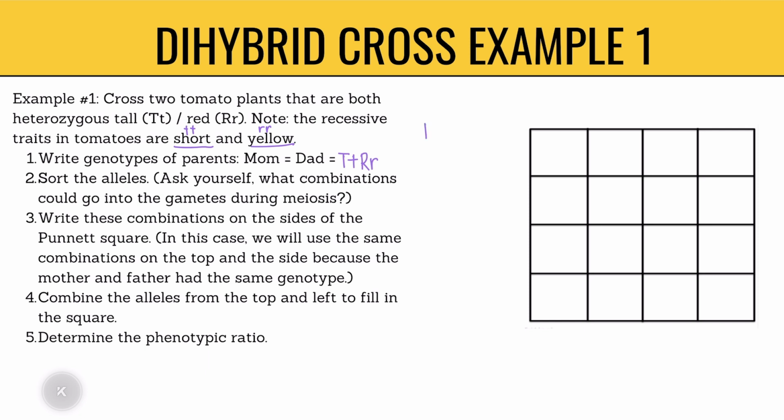If you remember back to math class, I know it's not math, but it's the easiest way to go about it. To FOIL, F stands for first. So you take the first letter out of each one of the different options. So capital T, capital R. That's the first one in each one of my sets of parentheses.